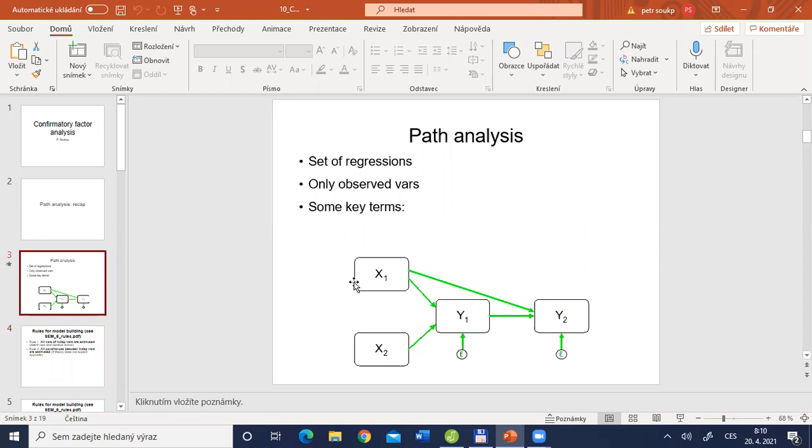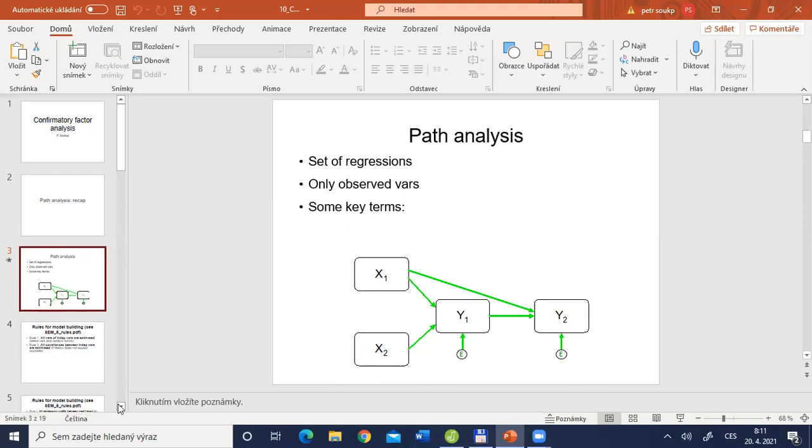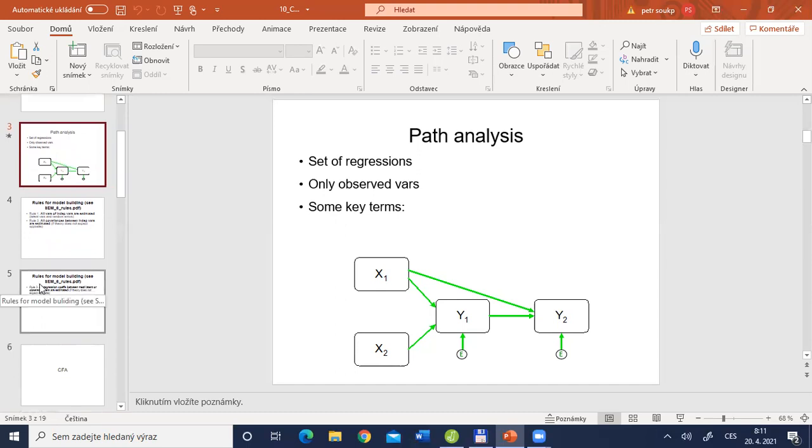We can fix the value, for example, to 0, or we can say that this relationship is the same as another relationship, so we can use an equality sign for two or more relationships. So this would be the possibility for how we could avoid estimation of this double-headed arrow, meaning a correlation or covariance for these exogenous or independent variables. So this is the second rule for building structural equation models.